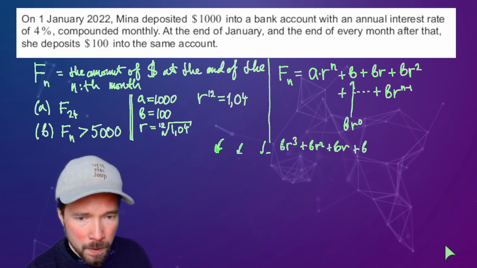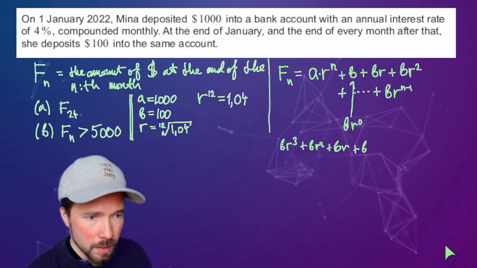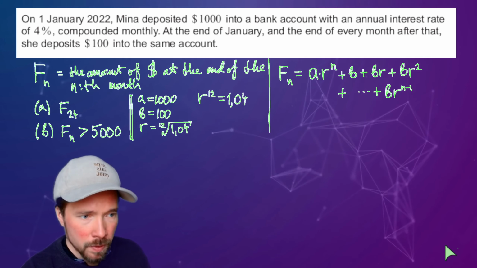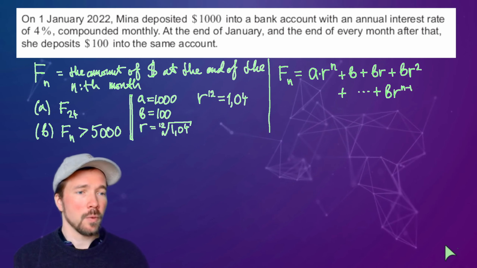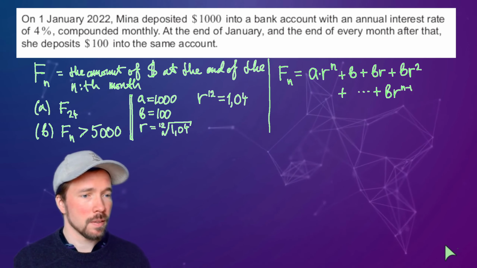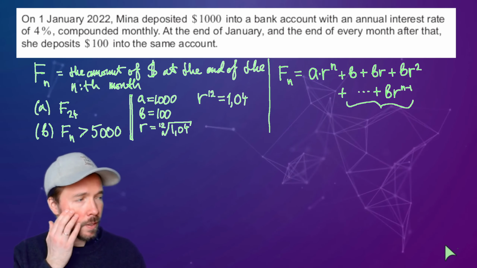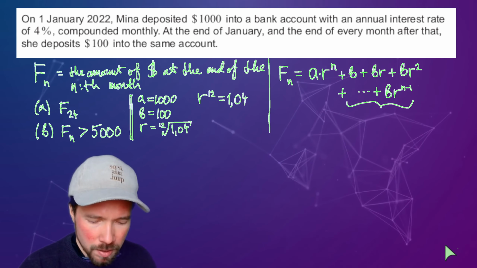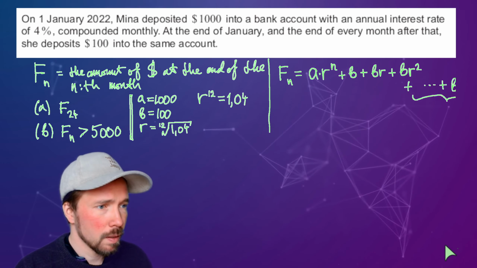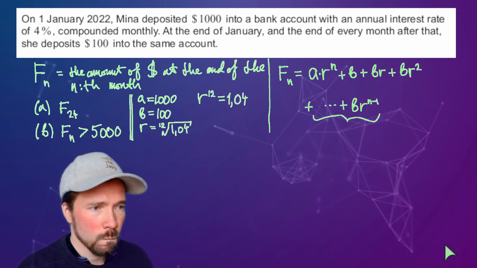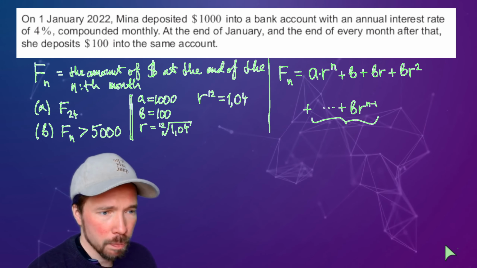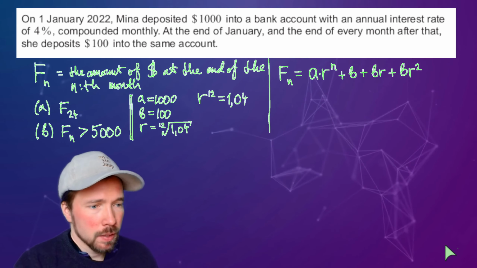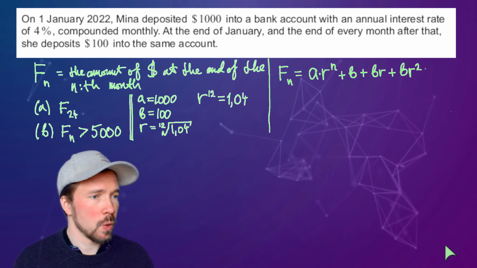Okay, let me just go back to our formula. But that's it, that's the formula. And what do we see? We see that this part is the sum of a geometric series. I guess it would look better if I put it there.